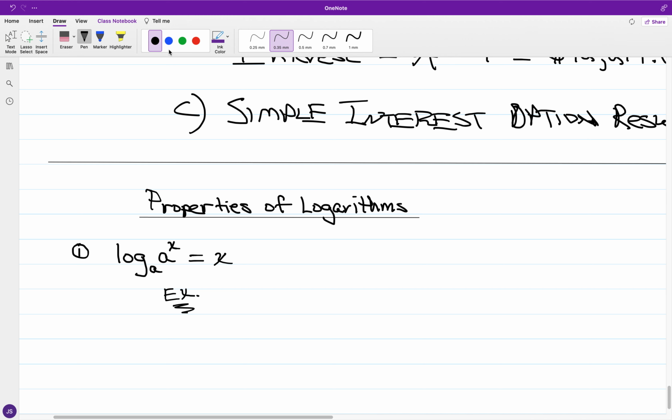Now let's say, using calculator notation, I have log of 100. Again, in calculators, log is going to make reference to a base 10 logarithm.